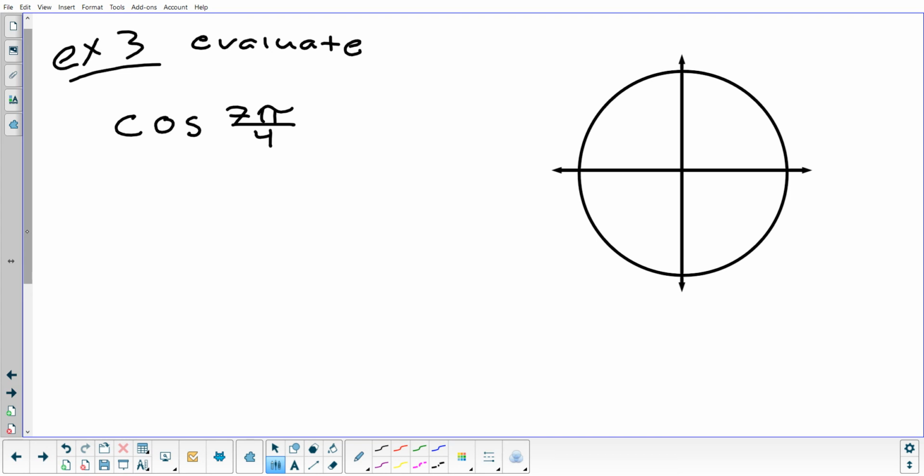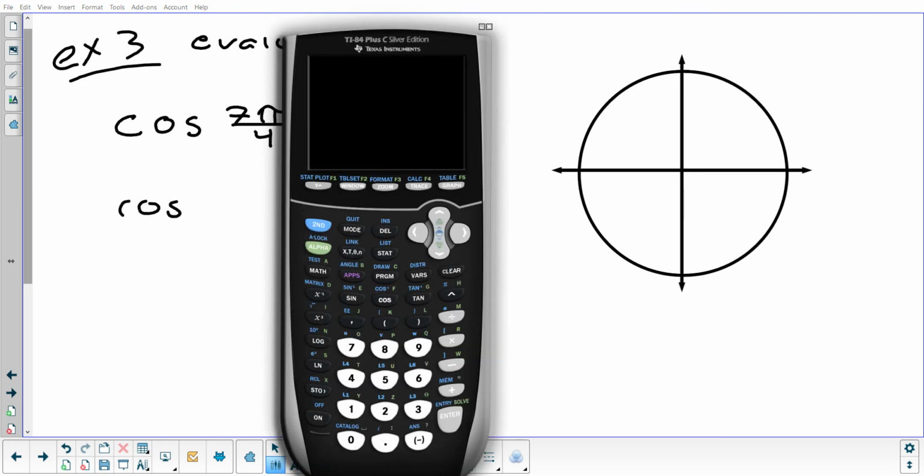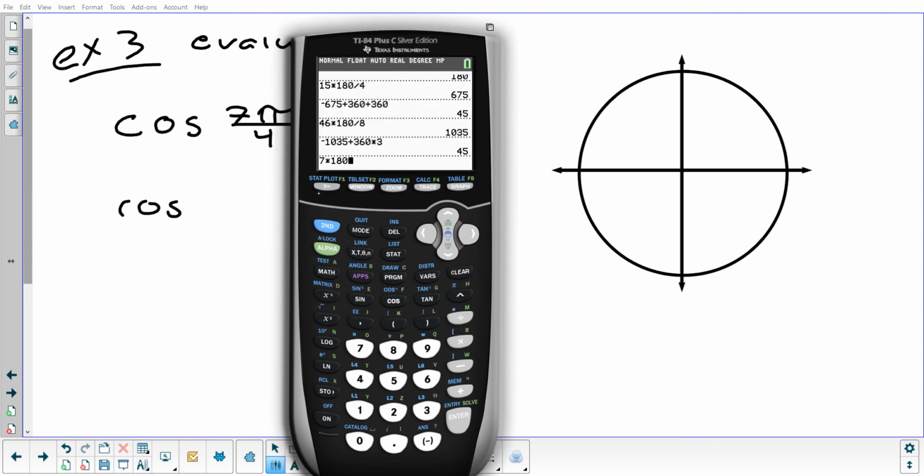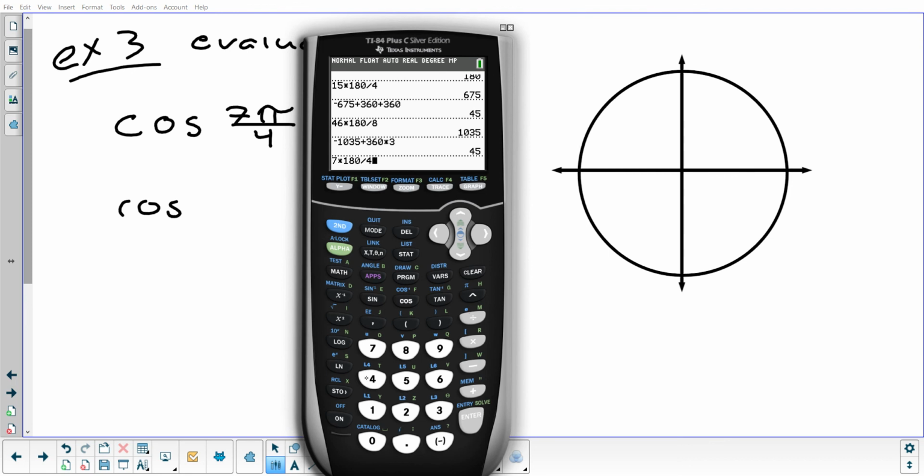What's that going to help you to do? Right, you've got to find the coordinate. If you know the coordinate already, good, just go right to the coordinate. If you don't, change it to degrees. So you're going to multiply by 180 and divide by pi. So that's going to be 7 times 180 divided by 4, and that's going to give you 315.